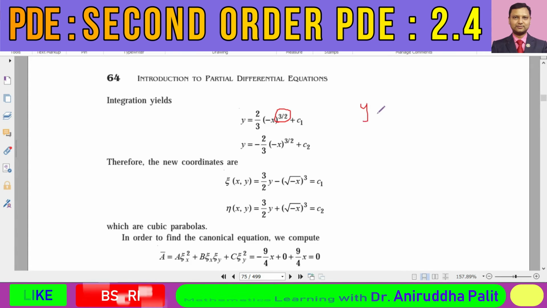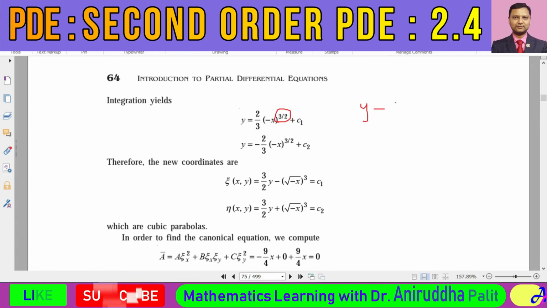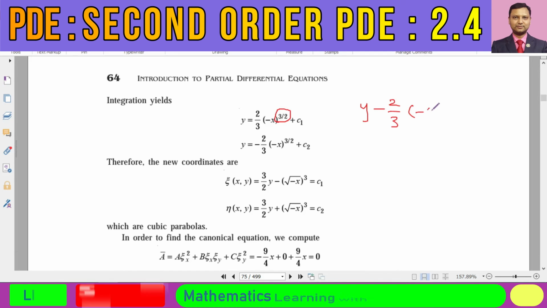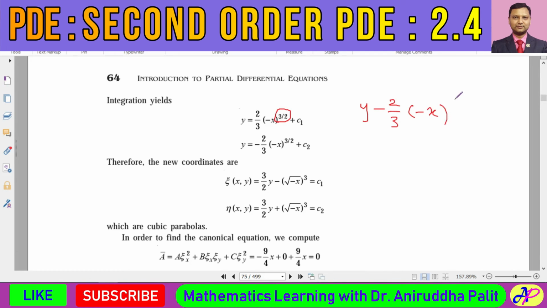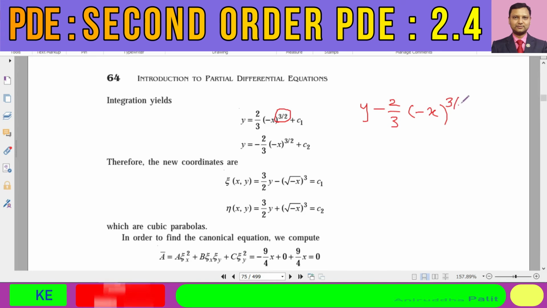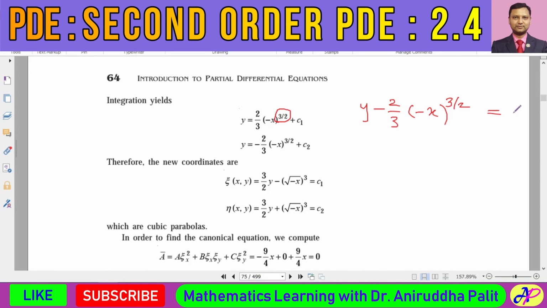One can start with y minus 2 by 3 minus x to the power of 3 by 2, like this, is equal to the constant c1 or c2, whatever you call it. Maybe the constant c1.